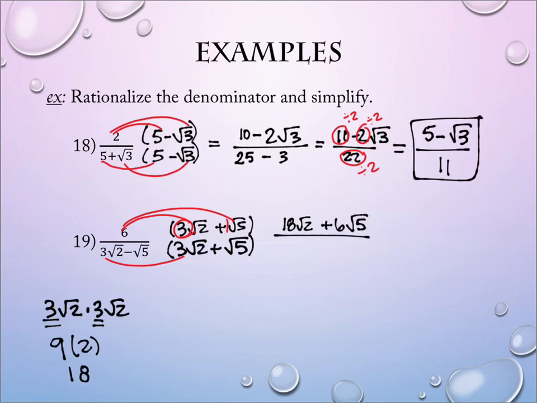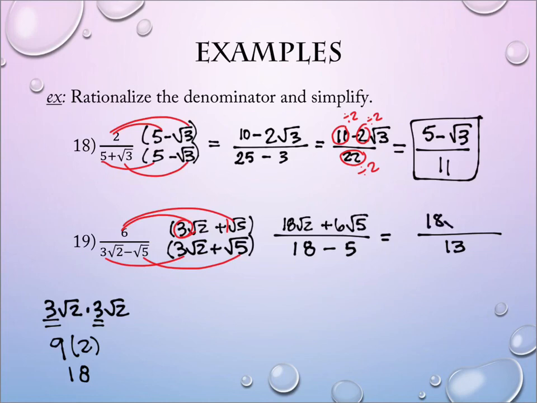18. The first piece is actually an 18. So feel free to do a little bit of scratch work if you don't want to write all those pieces within a long piece of division. The other one ends up being square root of 5 times the negative square root of 5. Yep, 5, and is it plus or minus? It's minus. Then in my denominator, 18 minus 5 is 13.